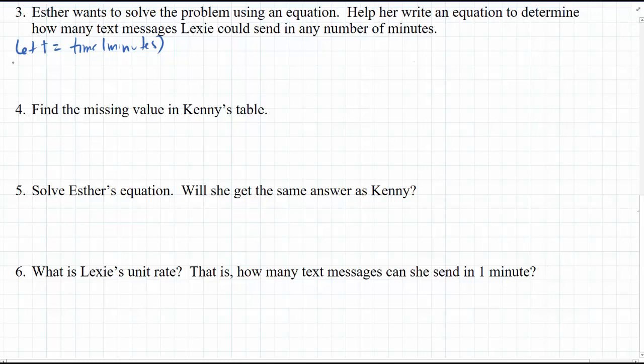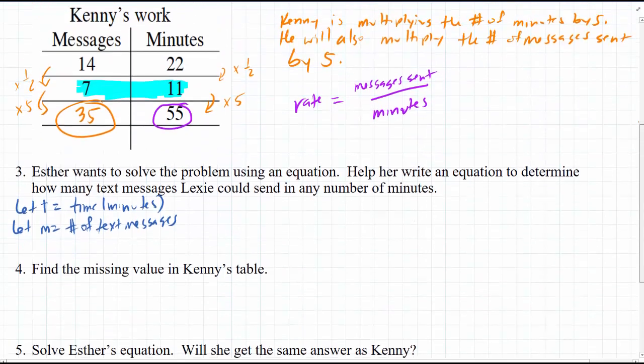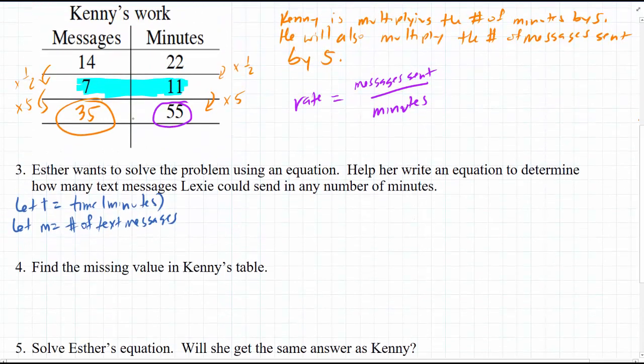And let m represent the number of text messages sent, okay? So let's go ahead and write a statement relating the number of minutes and the messages sent.